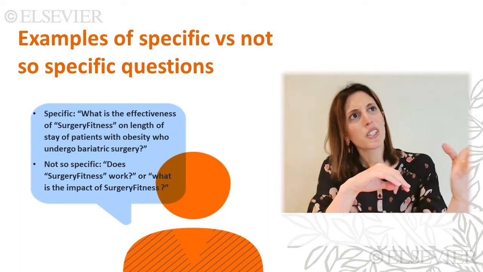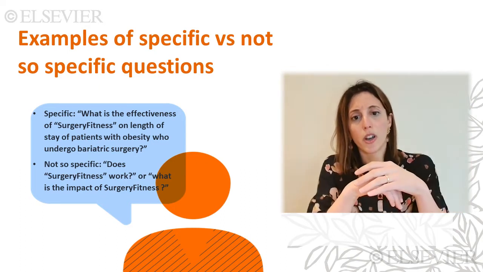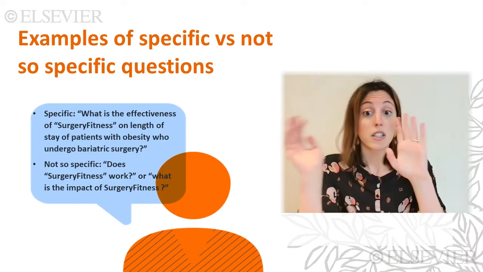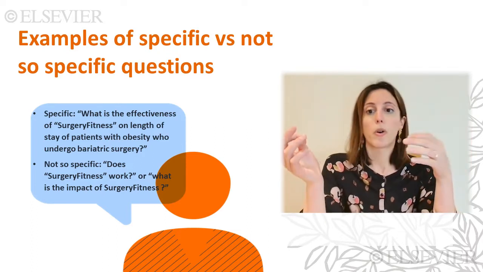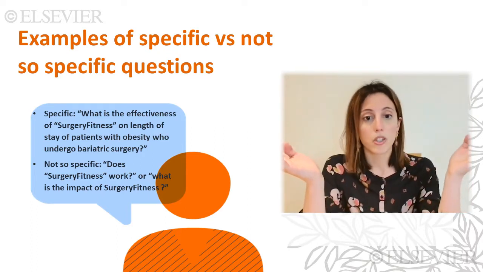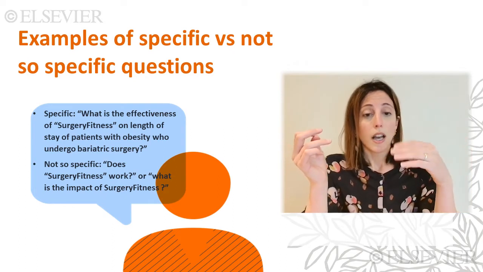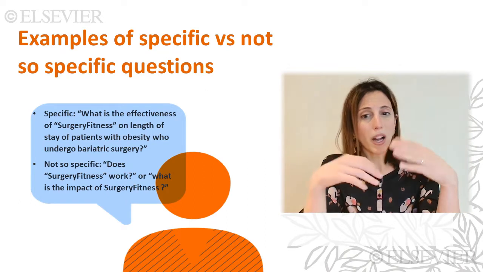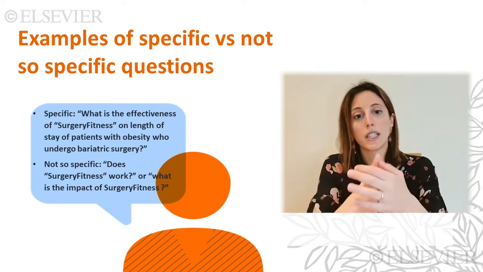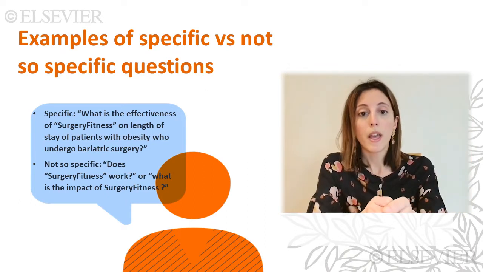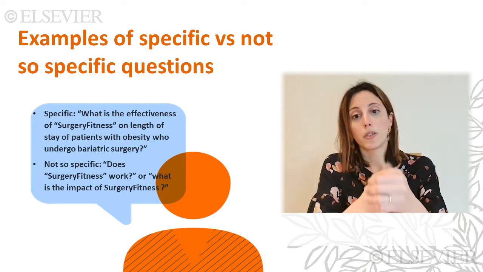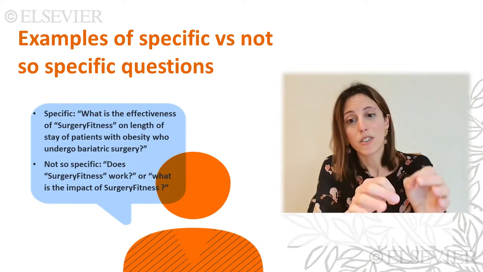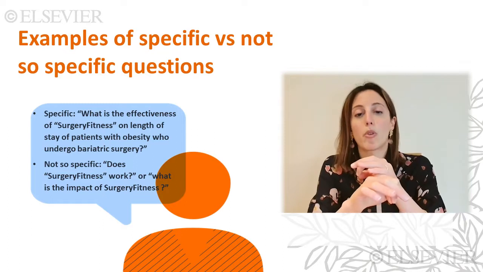And let's also consider a not so specific question. For example, does Surgeryfitness work? Or what is the impact of Surgeryfitness? So why are these not great questions? Because while you have specified what you're interested in, so the exercise program, you have not specified what it is that you're interested in specifically about that program.